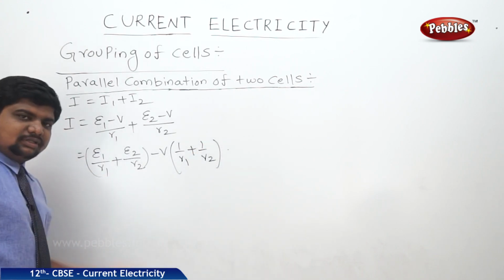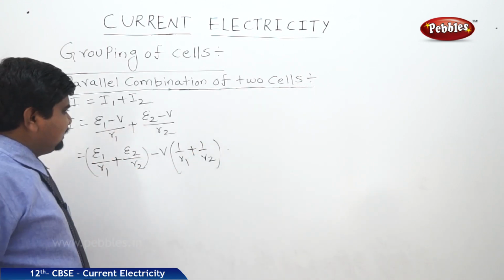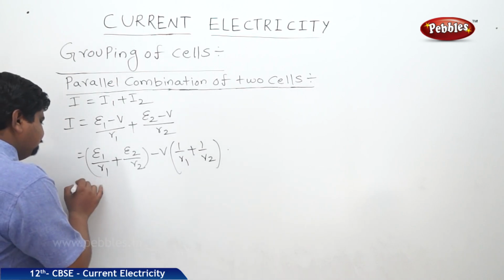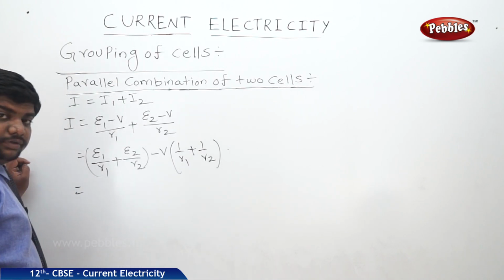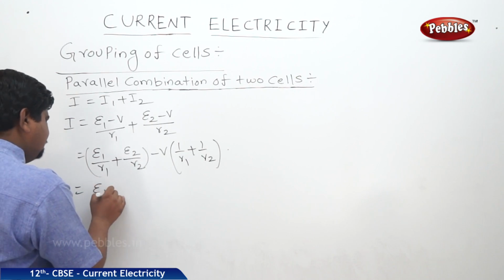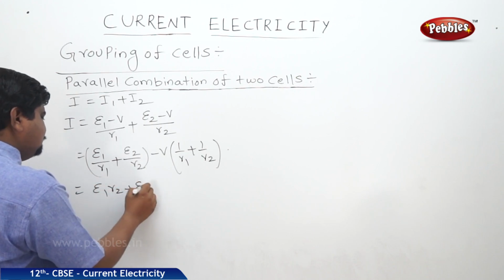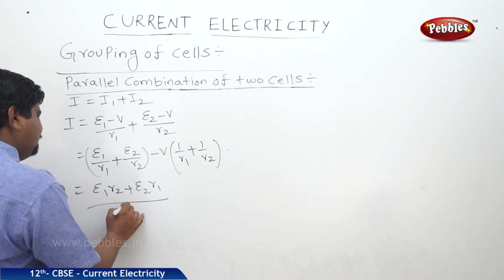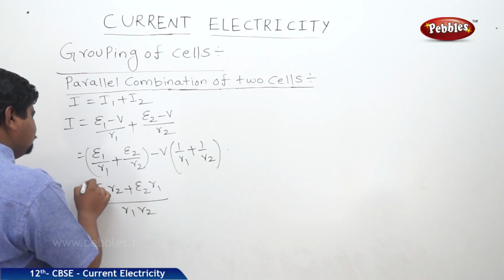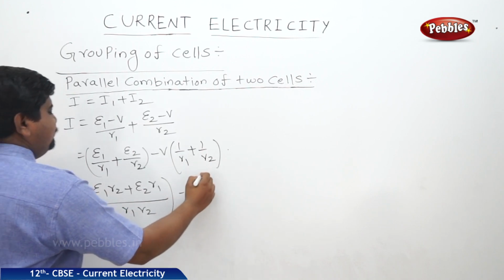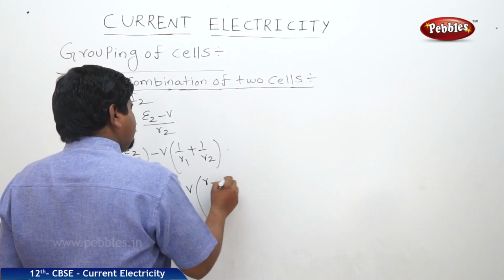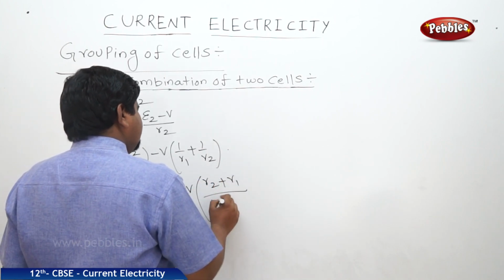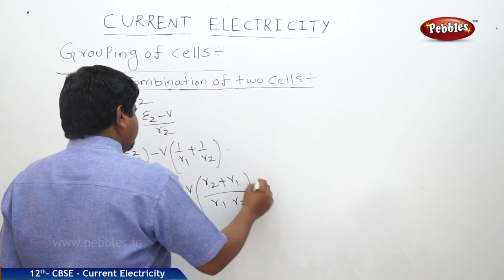Because R1 and R2 are the common elements, we can take them as common and take the LCM. So this expression will become E1 R2 plus E2 R1 by R1 R2 minus V into R2 plus R1 by R1 R2.